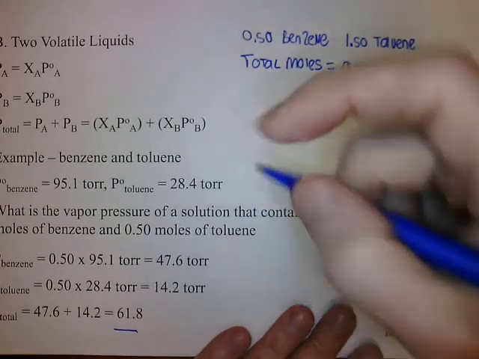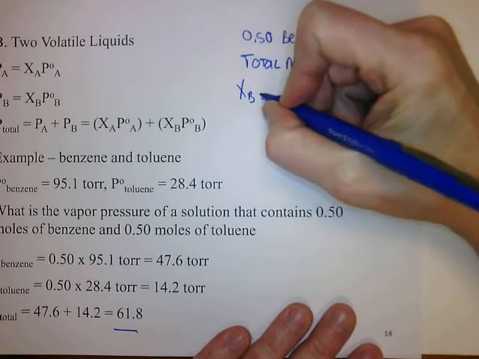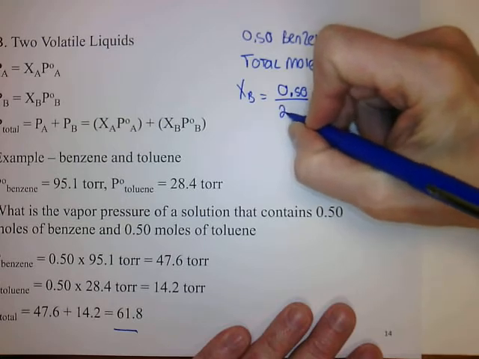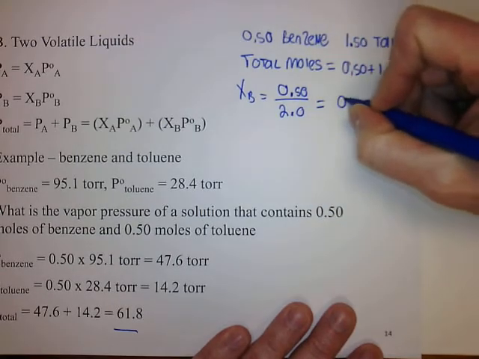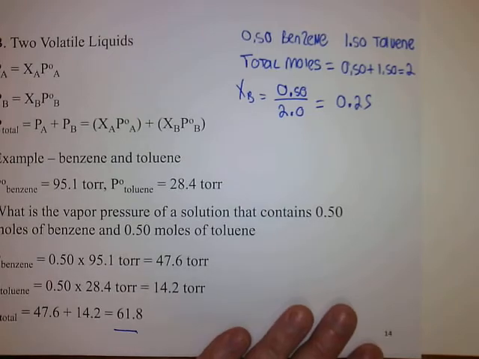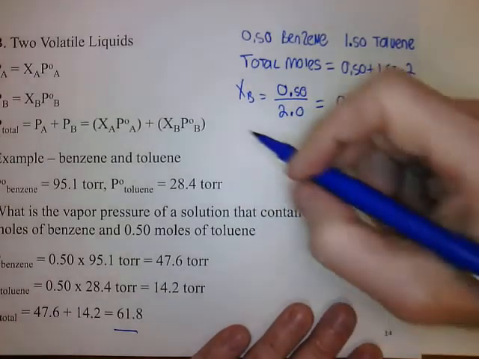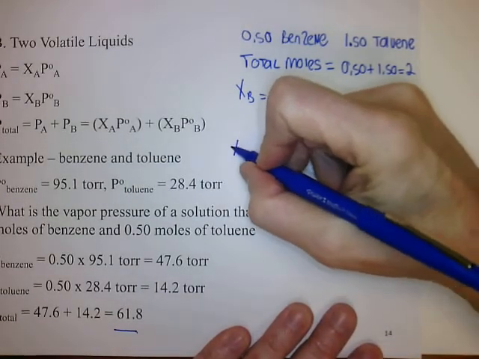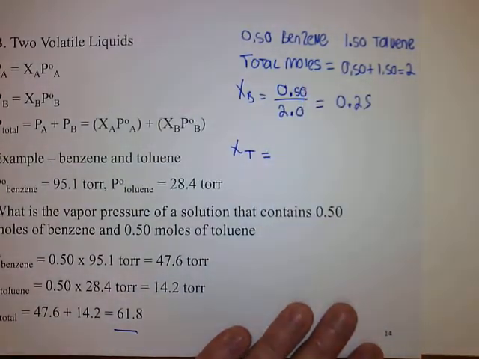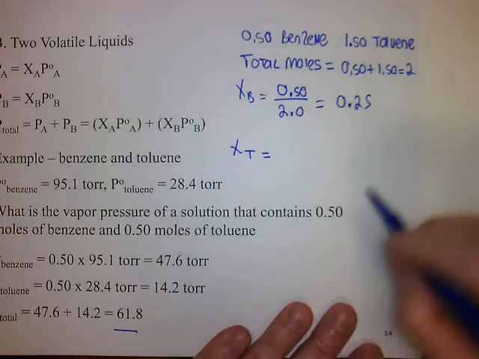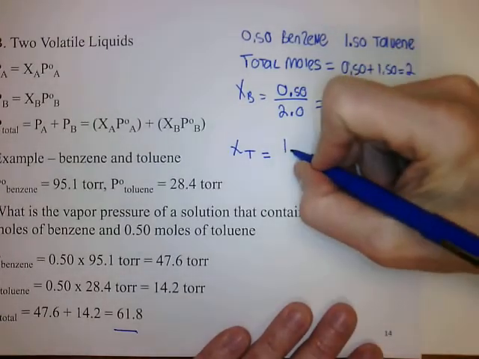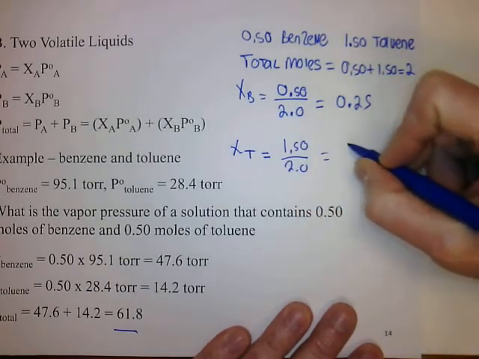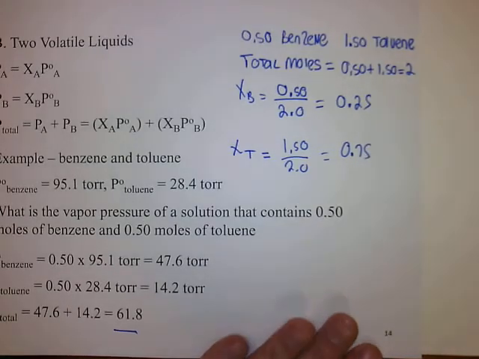So what's the mole fraction of the benzene? The mole fraction of the benzene is 0.50 over 2.0, right? And what is that? 0.25. And the mole fraction of the toluene is now 1.50 over 2, which is equal to 0.75.